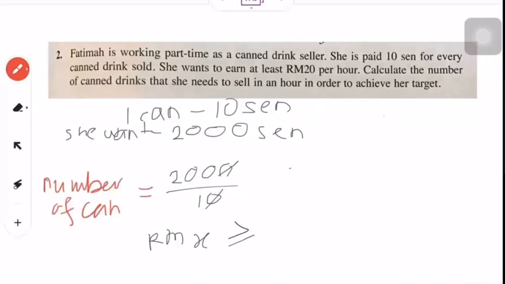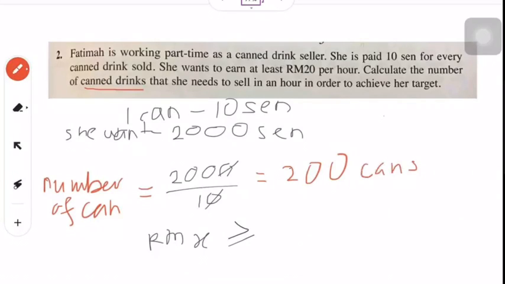Okay, so anybody else boleh bantu. Izzati dah buat separuh jalan. Dia nak apa dekat sini? From number of can. Yeah, number of can. Have you got the number of can? Yes. How many? 200 can.